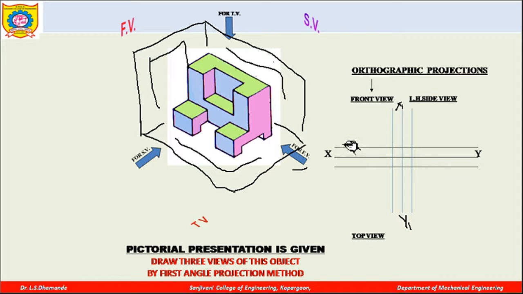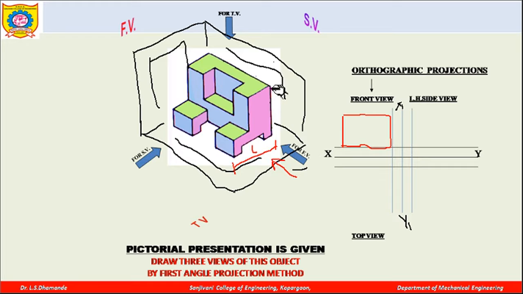Your front view will be here in the vertical plane, so you can draw a rectangle here with its maximum length and height. You have to observe for this particular object the maximum height and maximum width, as well as the length. If my direction of viewing is from this side, I will measure the length of the object like this and mark the total length.